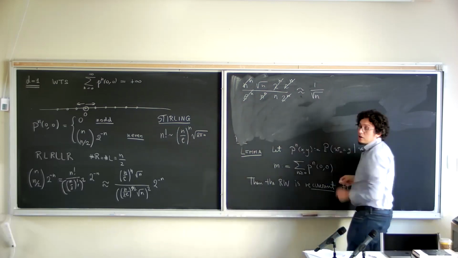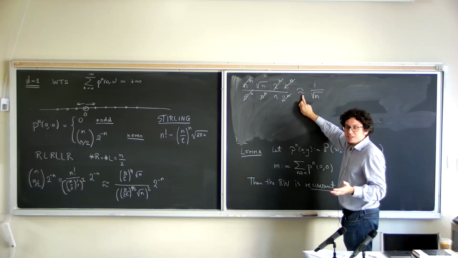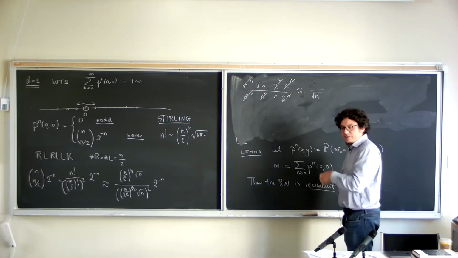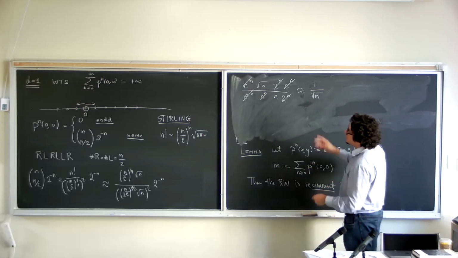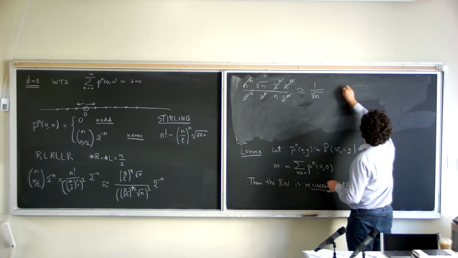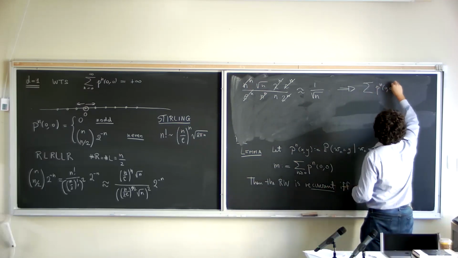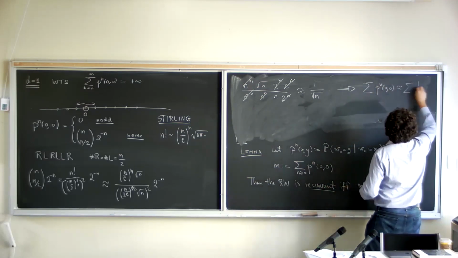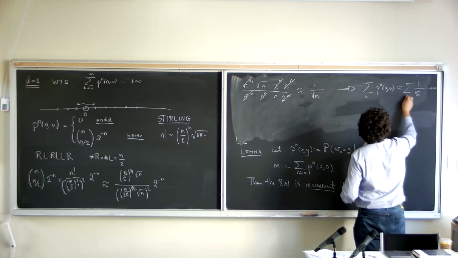When I put a double squiggle, it means I forget the multiplicative constant. If I put only one squiggle, I have to be more precise. Okay, so far so good, because of course this implies that this guy is of the same rate as this one, which is infinite.